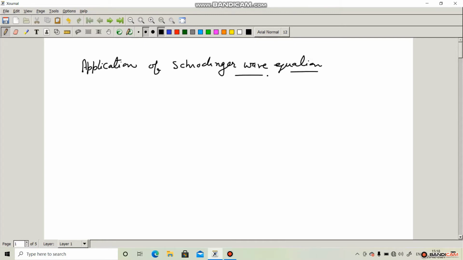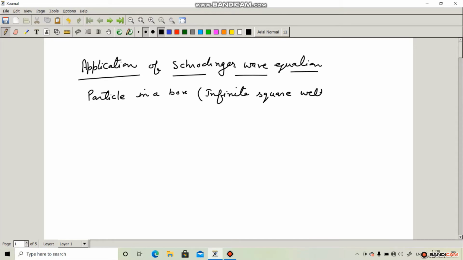This is one application of Schrodinger wave equation, and the name of this application is particle in a box, infinite square well potential. It is also known as infinite square well potential.